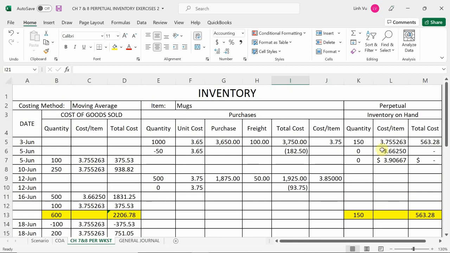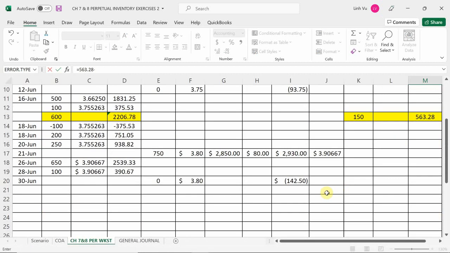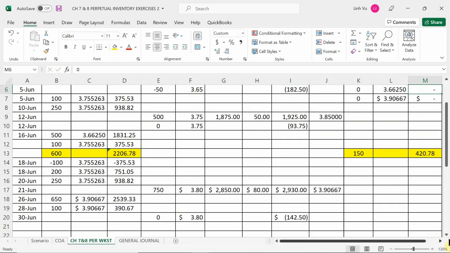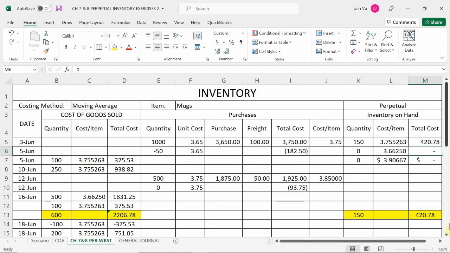So that $142.50 is actually going to deduct from whatever remaining batch you have, because in this case that's all you have left. You can't take away from this batch here because there's nothing there. So the only option I have is to take it away from the $563.28. $563.28 minus $142.50, and I should end with a result of $420.78.